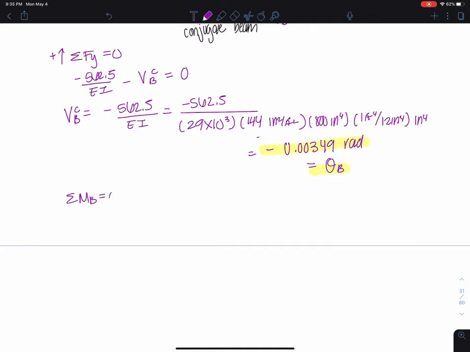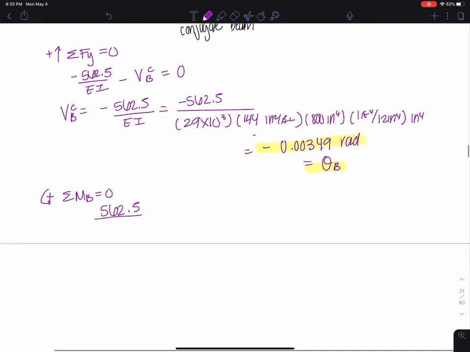Now we can do the same thing. We can sum moments, and we get 562.5 over EI times 25 plus M conjugate beam B equals 0.